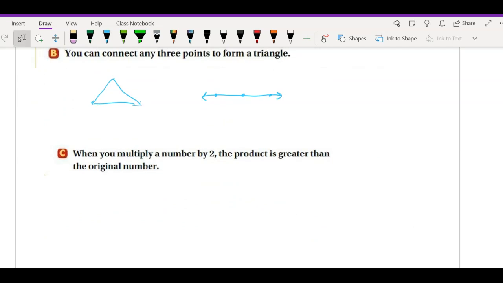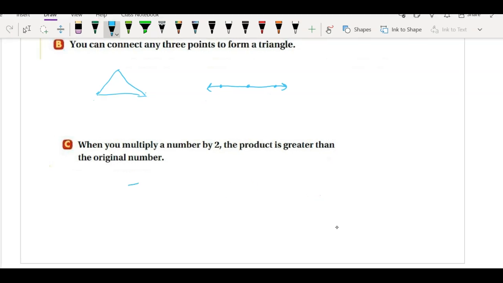And last but not least, when you multiply a number by 2, the product is greater than the original number. So what if I multiply -4 times 2?